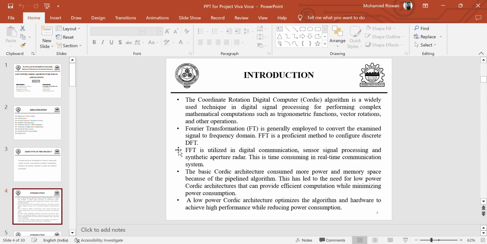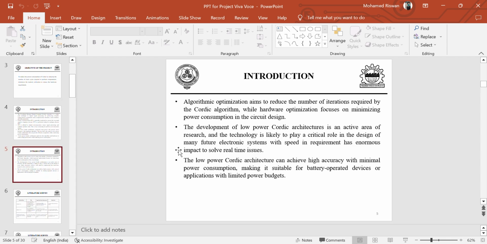The development of low power architecture is an active area of research and plays a great role in the design of future electronic systems. Speed is a requirement to solve real-time issues. In fact, it makes it suitable for battery operated devices with limited power budgets.